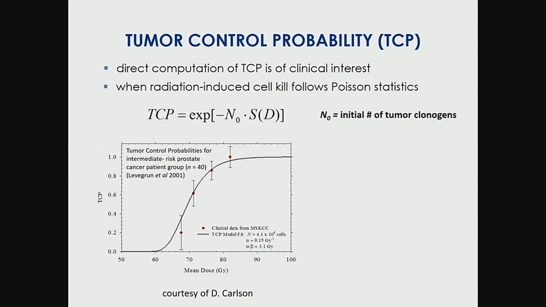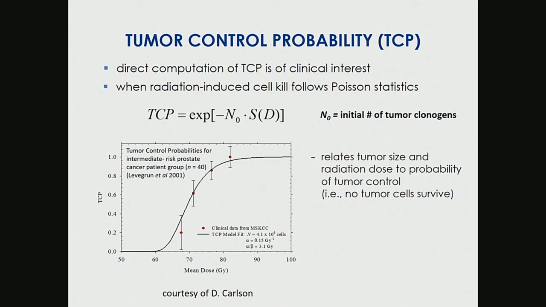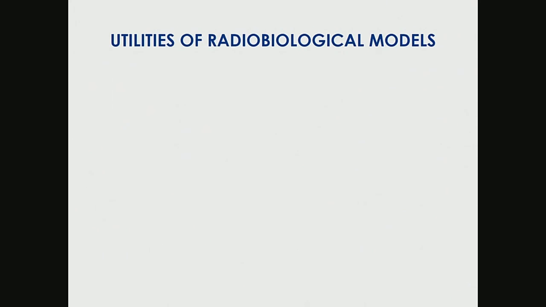With the cell survival, you can actually calculate TCP if you assume the radiation-induced cell kill follows Poisson statistics, and you also know the initial tumor burden. So you can do this calculation and then try to relate it to the observed local control from the actual clinical treatment, but just be aware of the underlying assumptions.